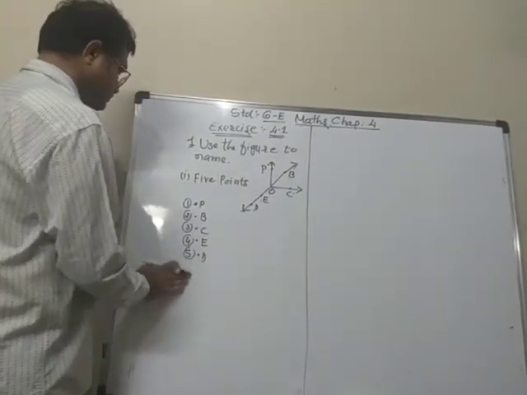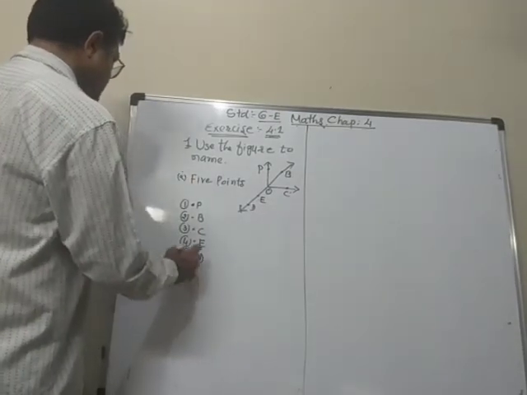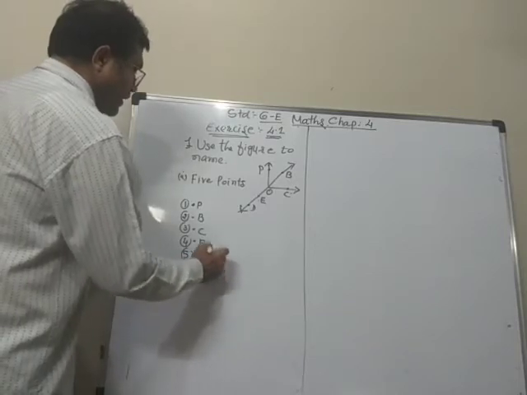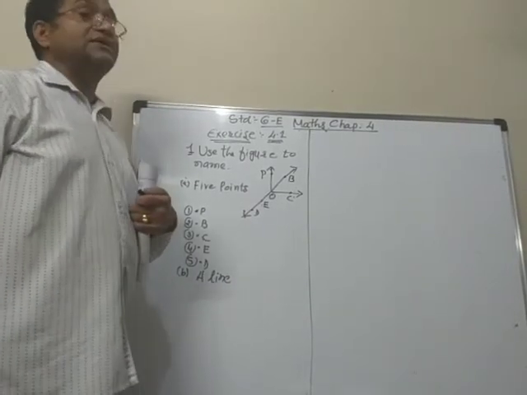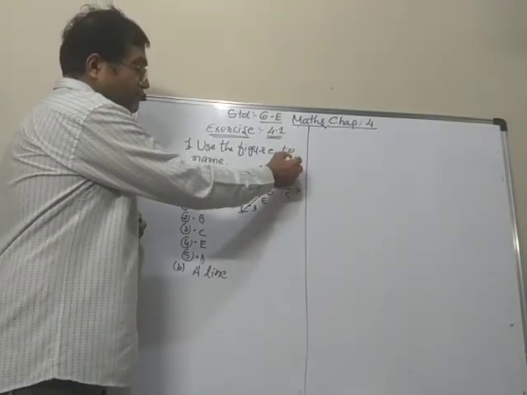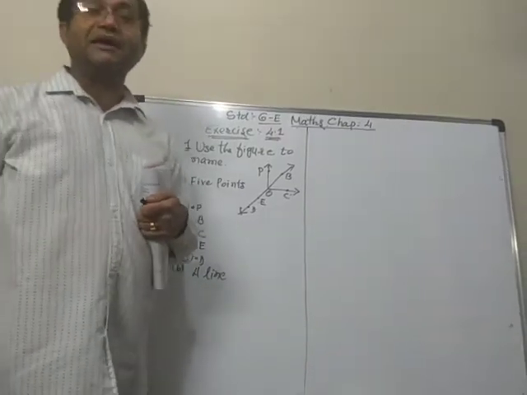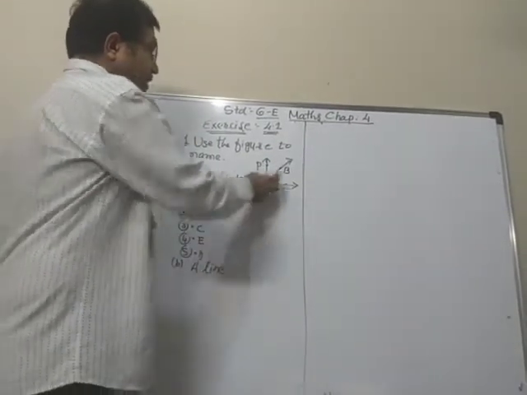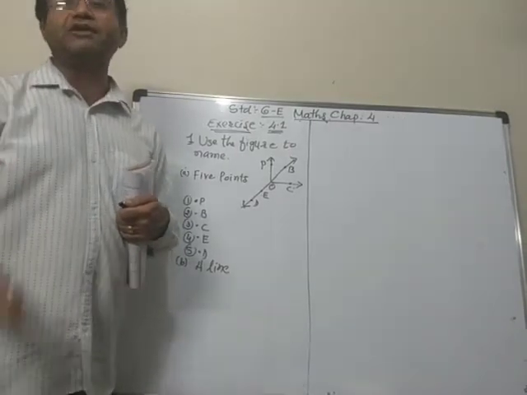Then the second one, B, wants us to write down a line. Now observe this figure. You can have only one line here, and that line goes straight from here to here, because a line goes in both directions endlessly. A line can be given a name from any 2 points on it.